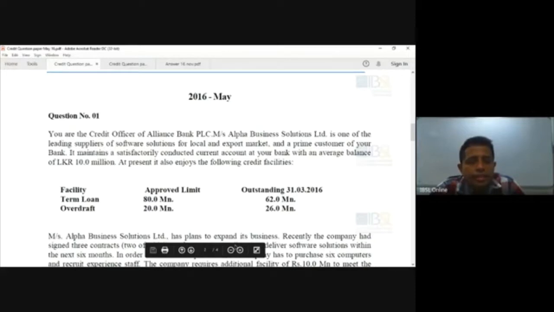They have 2 facilities. The approved limit is 80 million for a term loan, and the current outstanding is 62 million, whereas an approved limit of 20 million is there for an overdraft, and the current outstanding is 26 million, exceeding the limit approved.